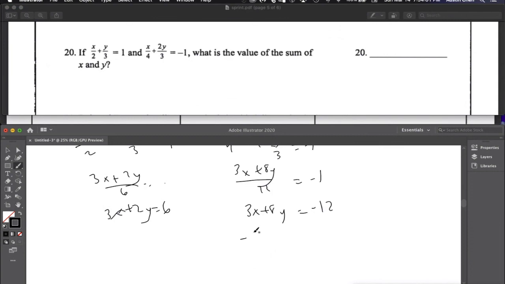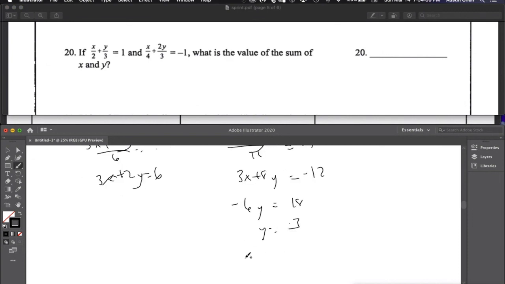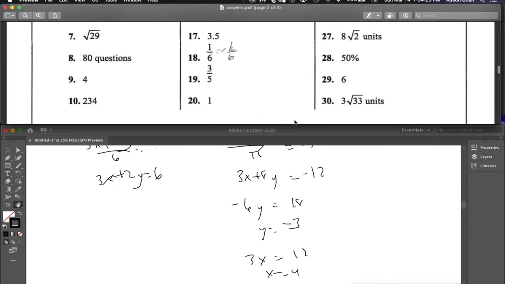Then we have 6y equals -18, so y equals -3. Looking at this one, we have 3x equals 12, so x equals 4. Then the sum of x and y is 4 minus 3, which is 1. And that is our answer.